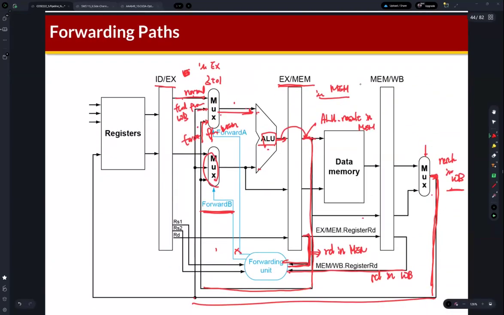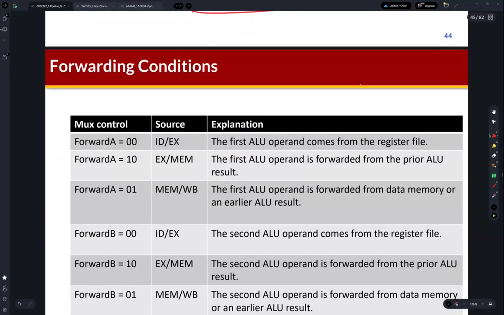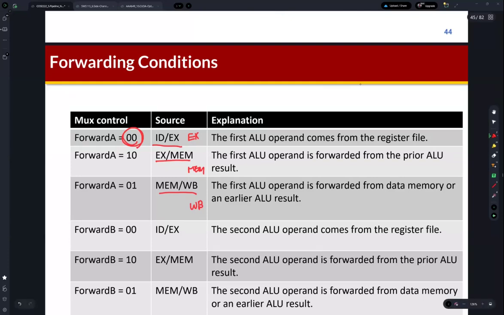So we can find that the source is the ID/EX, so this means the EX stage, the EX/MEM. So what does this mean? This means the data in the memory stage, and this is the data in the write back stage. And then this is the normal case, it's no forwarding. So if 0, 0, then this is no forwarding.